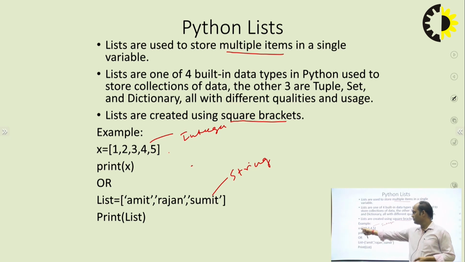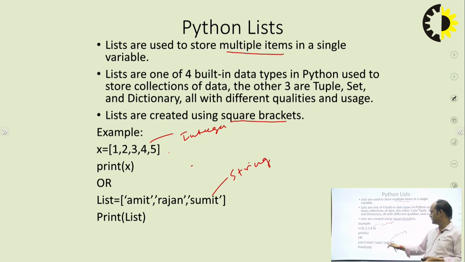We used the variable x and stored the values 1, 2, 3, 4 and 5 in the first list, and in the second list we store Amit, Ranjan and Sumit. These are data items that can be stored in a list.